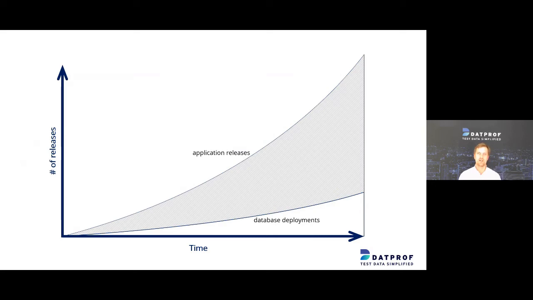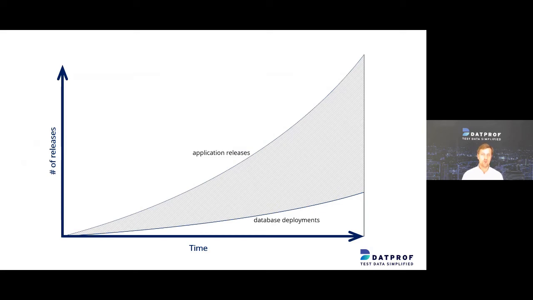What we see at the latest stages where we are right now in software development is that we really have made it possible with DevOps, with Agile, with test automation and all the new tools that we have available and new ways of working, that we have been able to increase the application releases. We significantly improved the number of application releases to be deployed, which is of course wonderful.